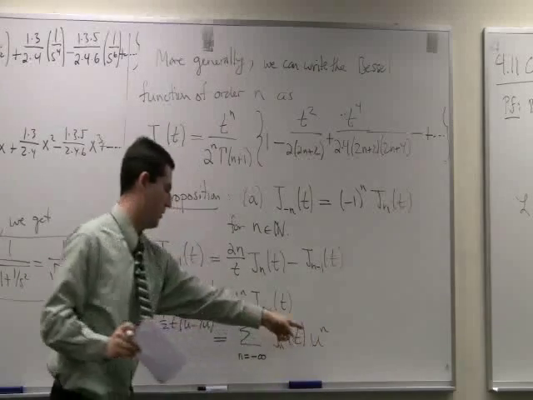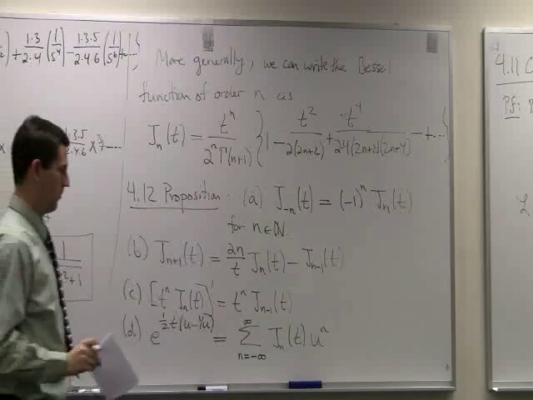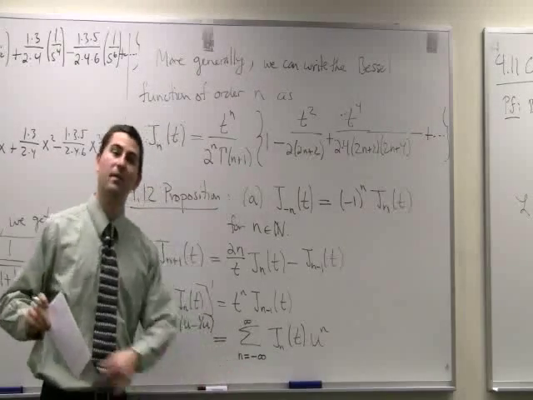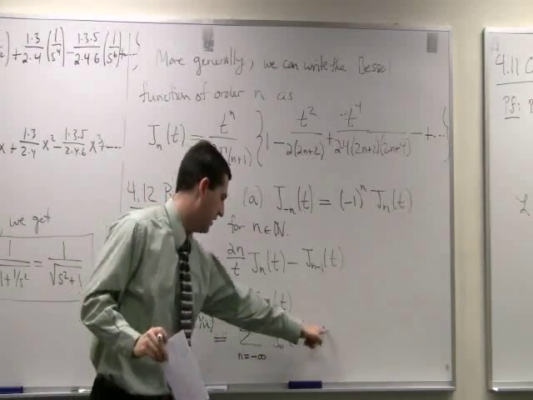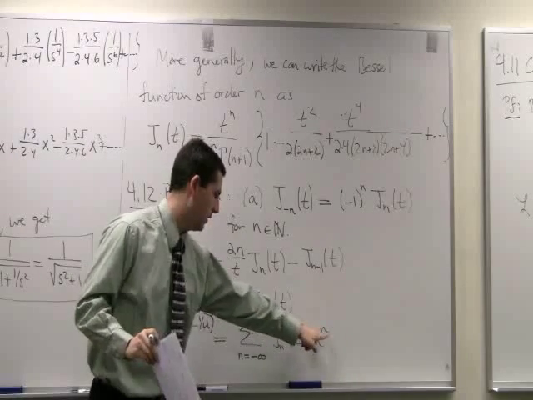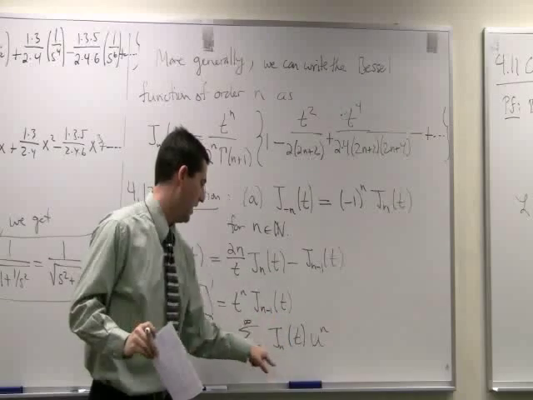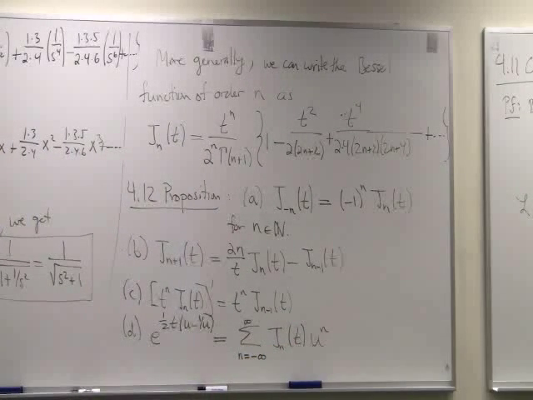So it looks like a power series, but it goes in 2 directions. What's the name for these things? A Laurent series. We'll come back to this. So it looks like a nice power series, only you can have negative exponents. And the coefficients end up being Bessel functions, which is very strange.